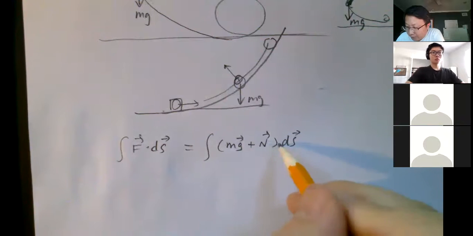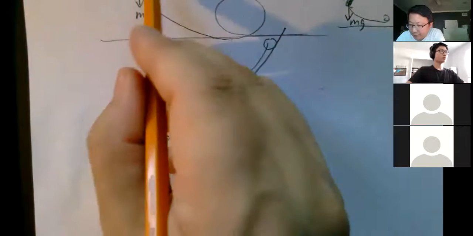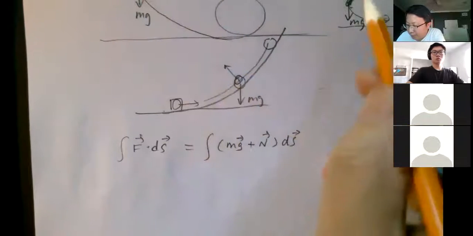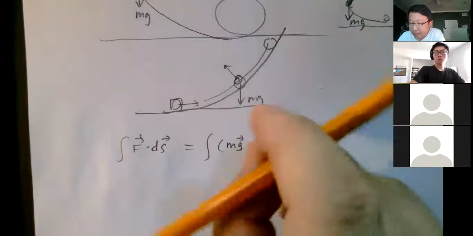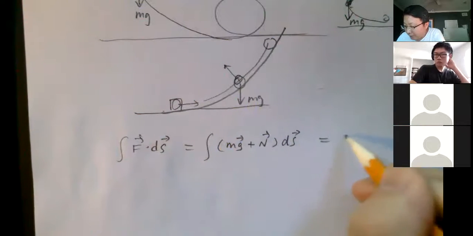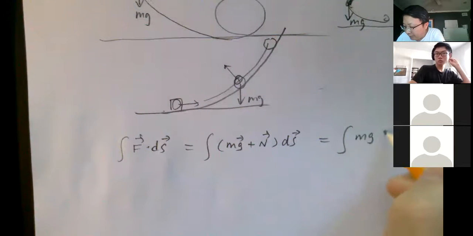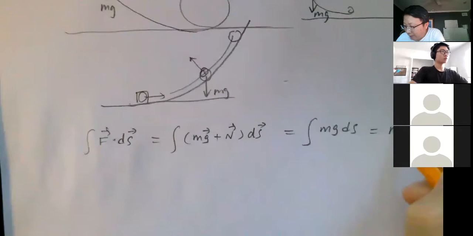Therefore this force doesn't generate work, because it's always perpendicular to the moving direction. So only mg dot ds is left; the other one is 0. So this basically becomes mg times h from h1 to h2.